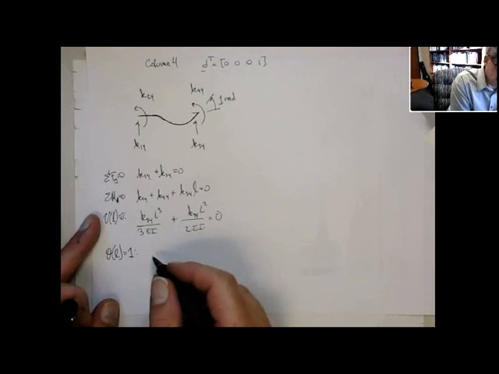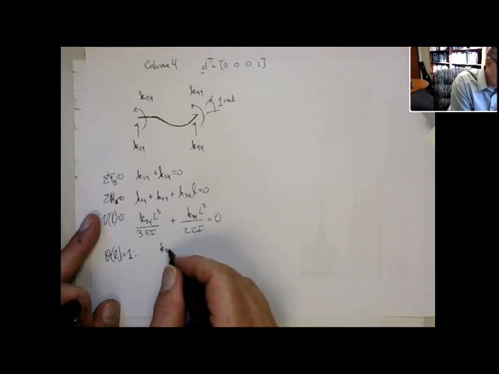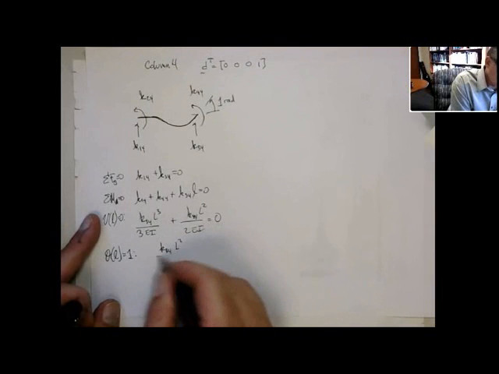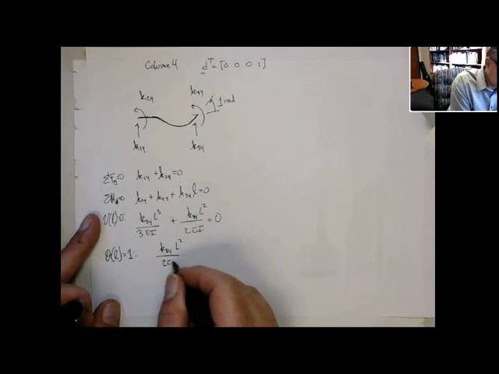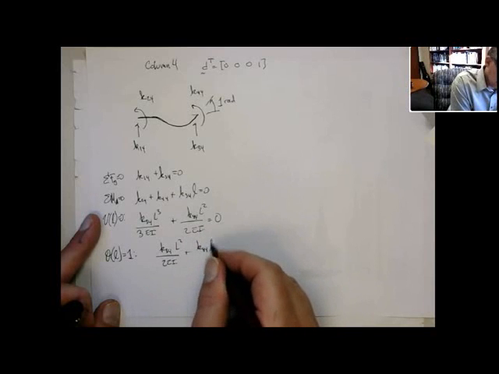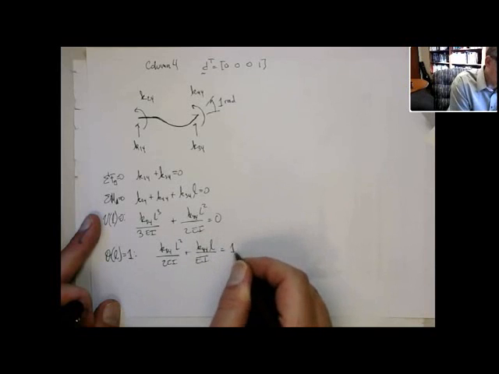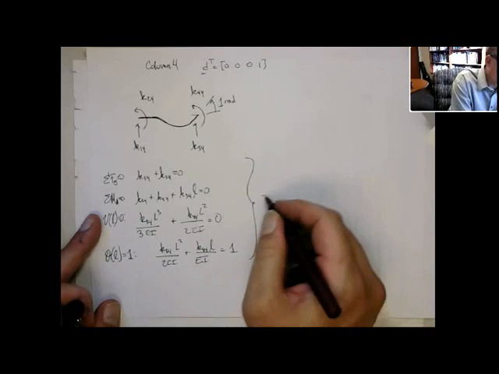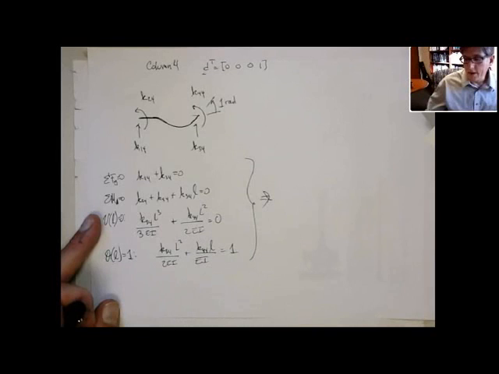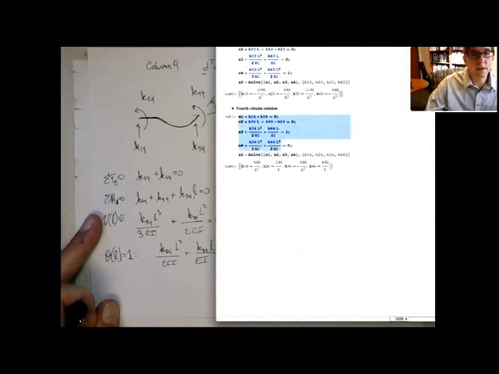And so putting that into the theta equation, that gives me K34 L squared on 2EI plus K44 L on EI equals 1. So now we solve for that. And again, I did that in Mathematica. Boom, there it is. Here's the block here.